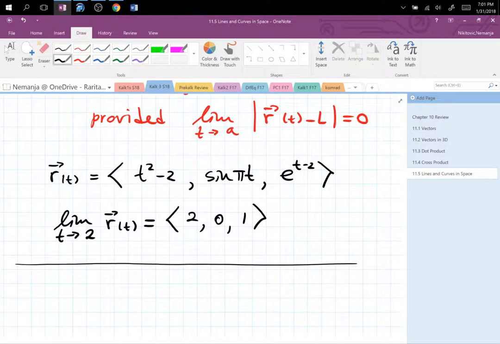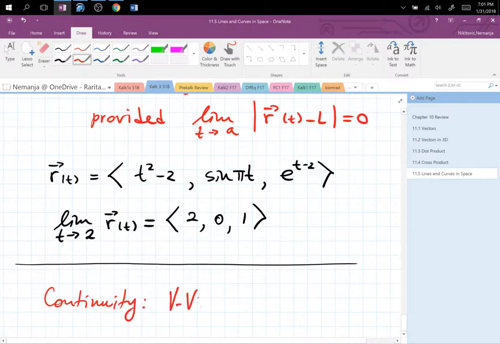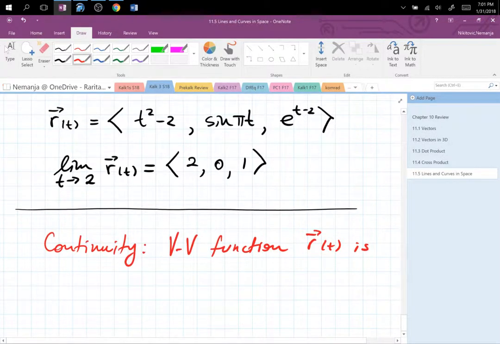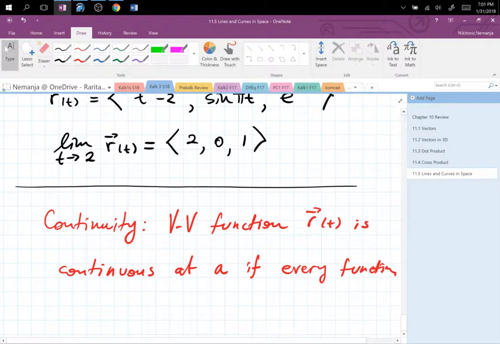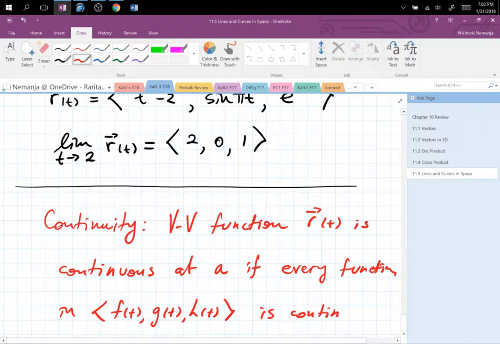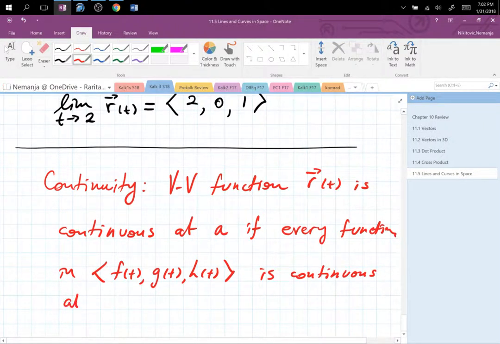So continuity: a vector valued function r of t is continuous at a if every function, f of t, g of t, h of t, is continuous at that point a.